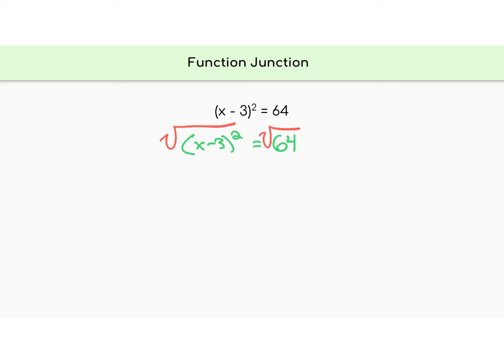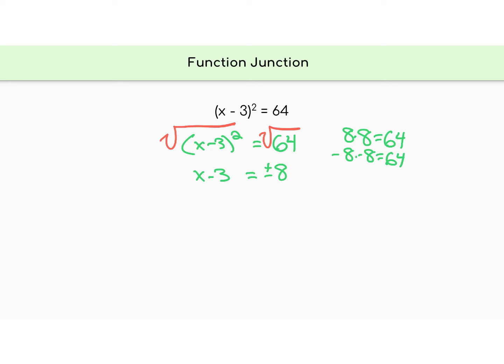So on the left side, x minus 3 squared, the square root of that is just going to be x minus 3. Now the square root of 64, this is a perfect square. So we have 8 times 8 equals 64. And also -8 times -8 equals positive 64. So our answer could be positive or negative 8.